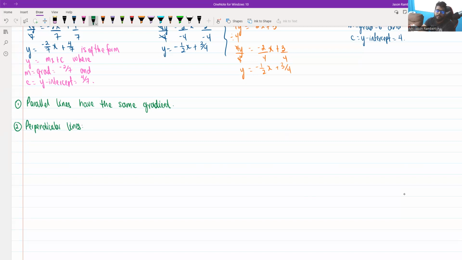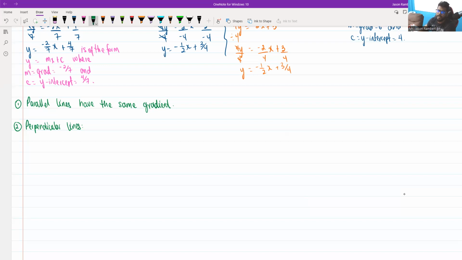Now, for parallel and perpendicular lines, we're talking about gradients. That's the most important feature with parallel and perpendicular lines in this topic, the gradients. So the gradients of parallel lines are the same. For the gradients of perpendicular lines, we have a law that we need to use.